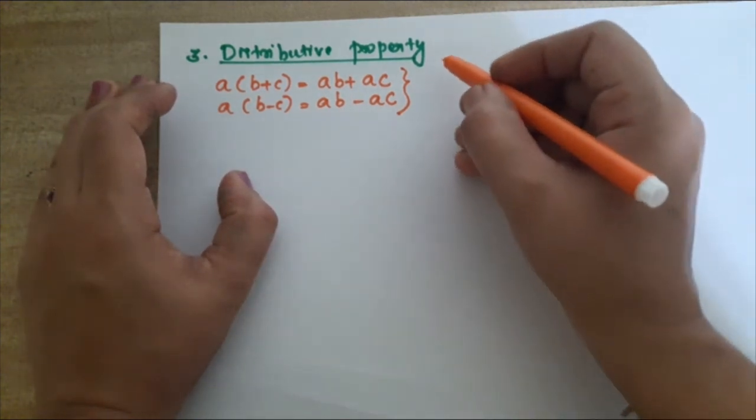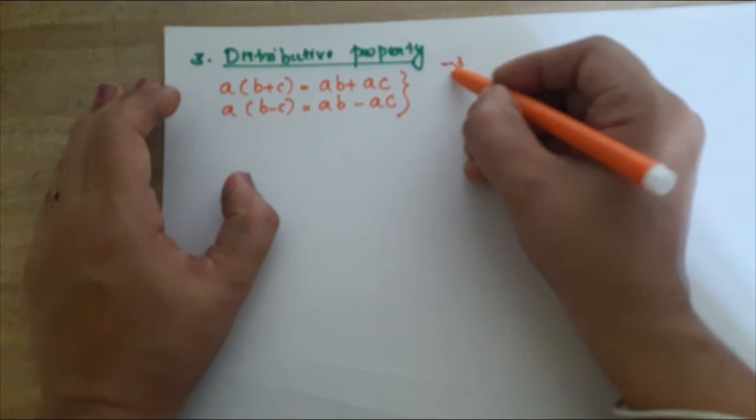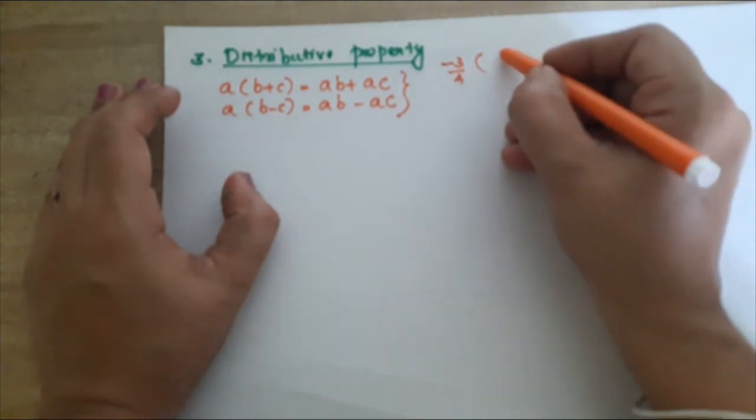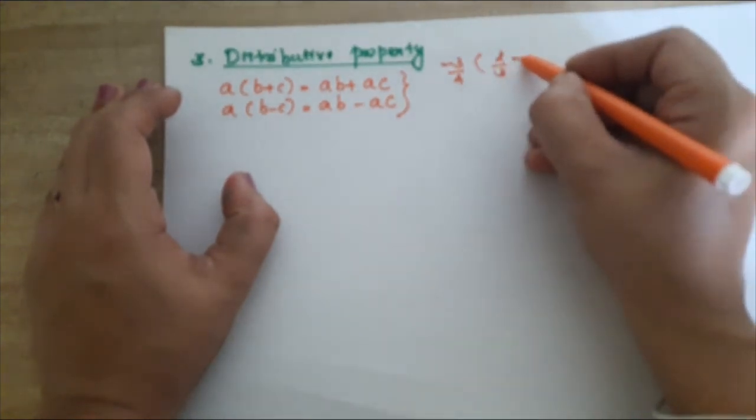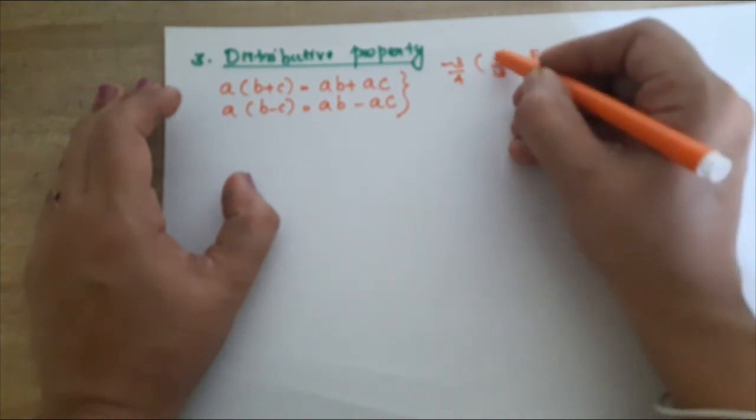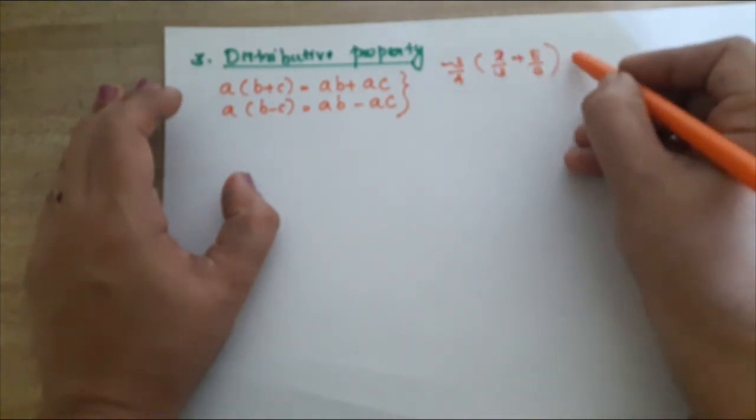Okay, consider one example. Taking minus 3 by 4 into (2 by 3 plus 5 by 6). How can we do this?